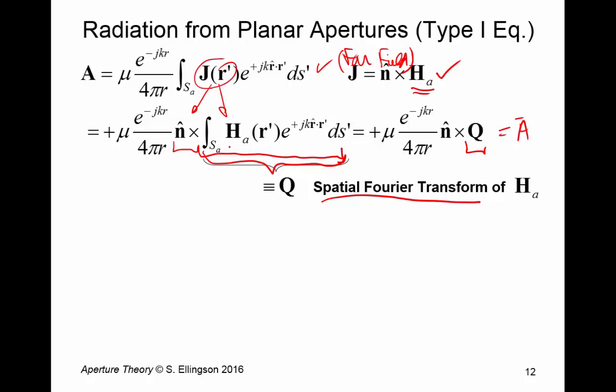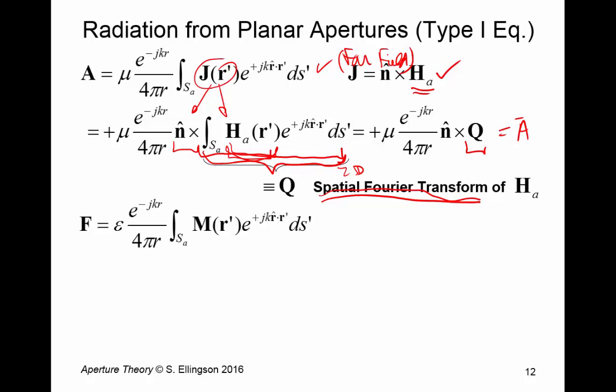Well, here, what we're doing is converting the fields in the aperture to some other domain. It just happens to be the form of a Fourier transform. I'll have some more to say about that at the end of the lecture. But it's useful to know that this quantity Q turns out to be the spatial Fourier transform, two-dimensional, of the magnetic field intensity in the aperture.